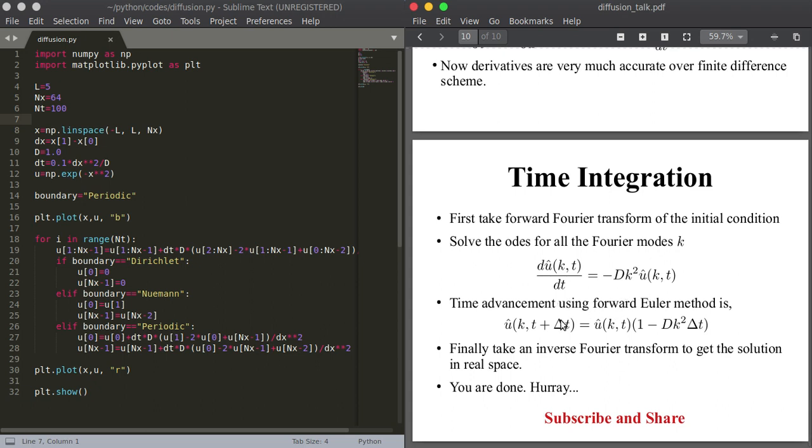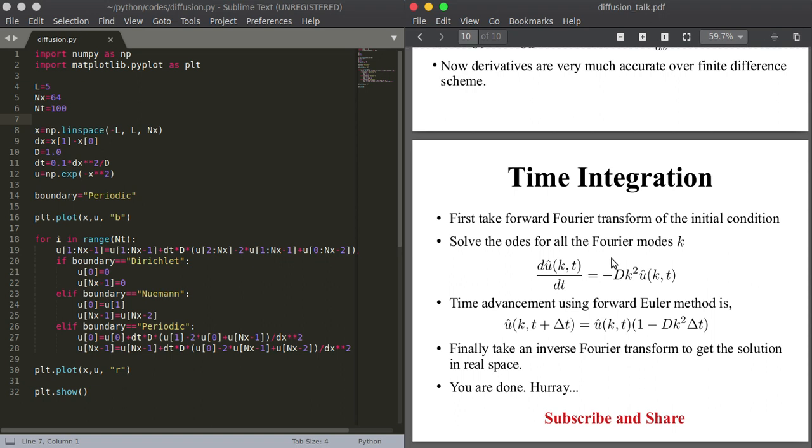You can also use something else like the RK2 or RK4 method, and finally just take the inverse Fourier transform to get the solution in real space, and you are done. Hooray! So this is the simplest recipe for the spectral method. First, take the Fourier transform of the initial condition in real space to go to spectral space. Then solve the ordinary differential equation for the different spectral modes.